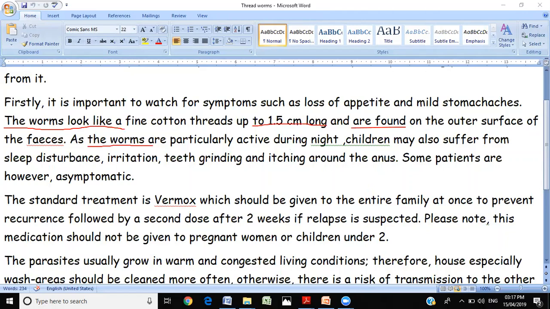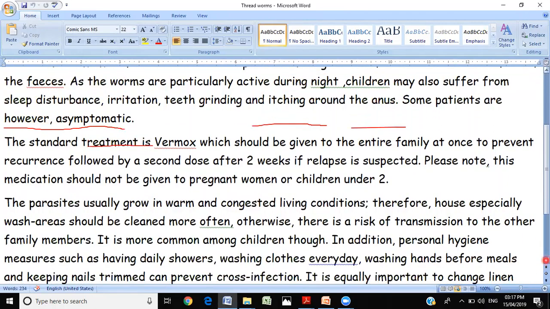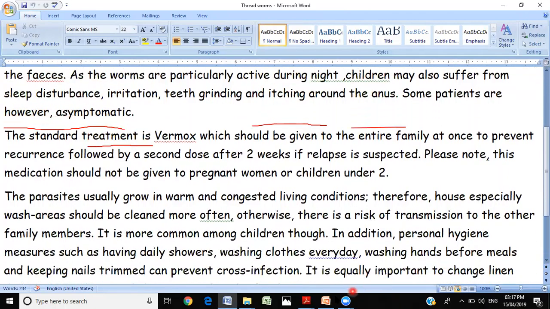Then about the treatment. Again, as I told you, the main purpose here is not so that they can self-medicate. It is not for self-medication. It is to provide them information.